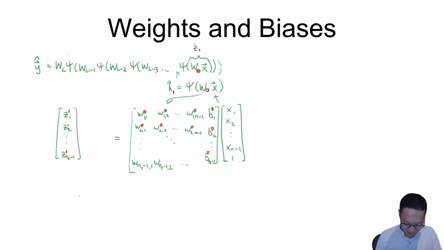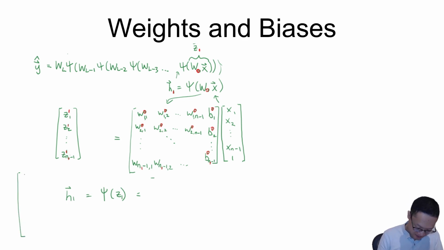So now h1 is going to be psi of z1, and that equals h. So h is going to be h1, 1, h2, all the way down to h n1 minus 1, and then there's a 1 at the end.